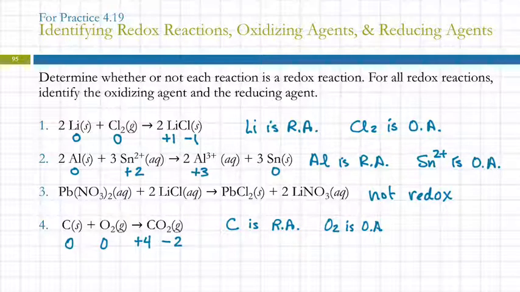That's where all this terminology came from. Something combined with oxygen is being oxidized. So oxygen, usually if it's in there, it's going to be the oxidizing agent. Yeah, if you have elemental oxygen here, that's going to be the oxidizing agent. Definitely. Any questions?